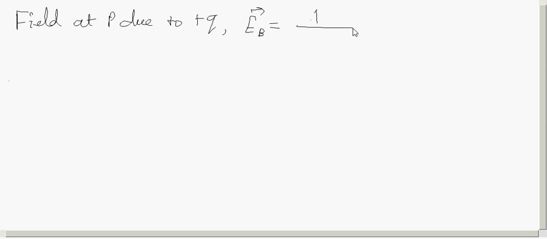Now the field at P due to plus q is EB. Recall the electric field formula: 1 by 4 pi epsilon naught into q divided by the distance square.